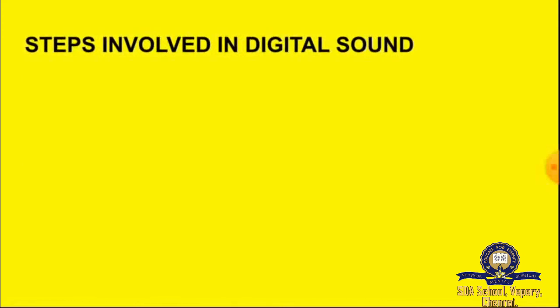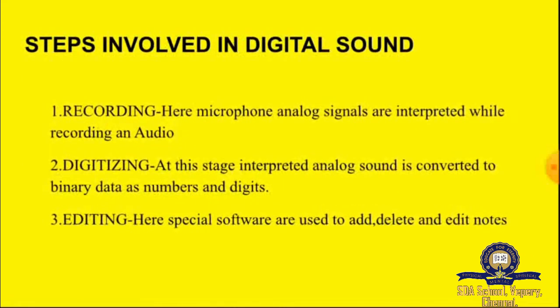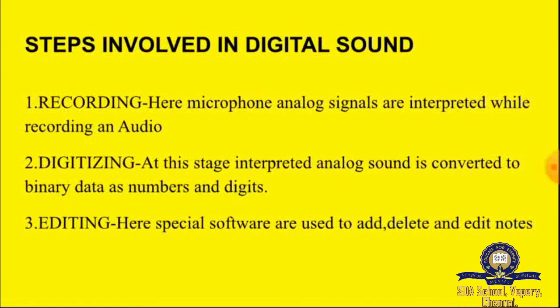Steps involved in digital sound. Recording. Here microphone analog signals are interrupted while recording an audio. Next is digitizing. At this stage, interrupted analog sound is converted to binary data as numbers and digits. Next is editing. Here special software are used to add, delete and edit notes.